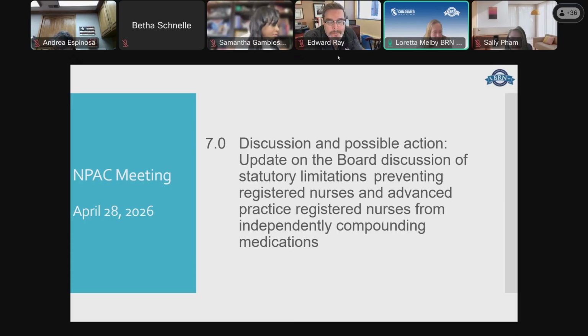Immediate use compounding is in 16 CCR 1736.1, and in that, it talks about immediate administration, which is under B1.